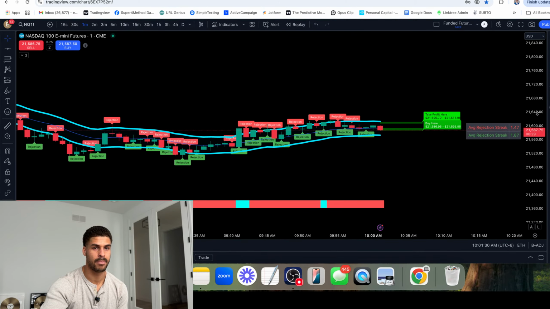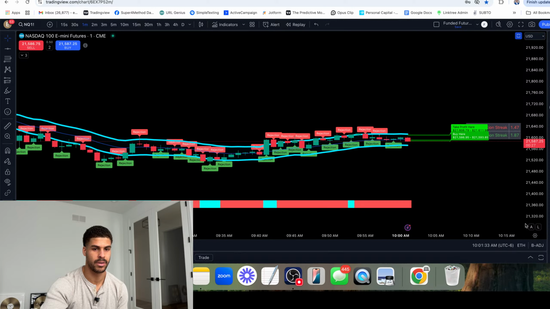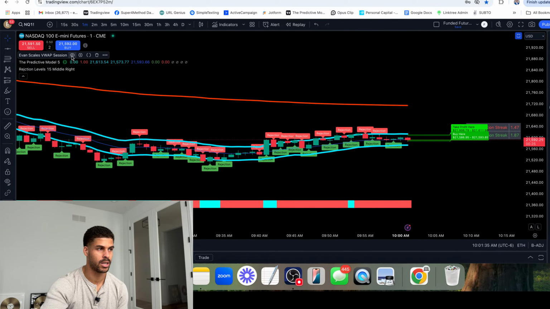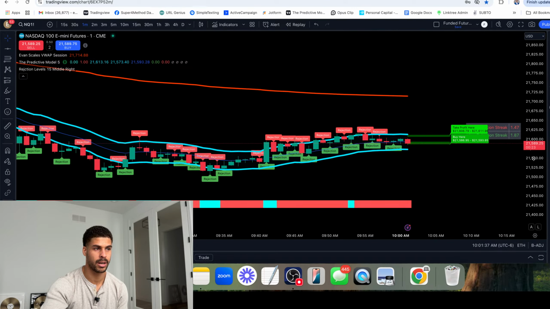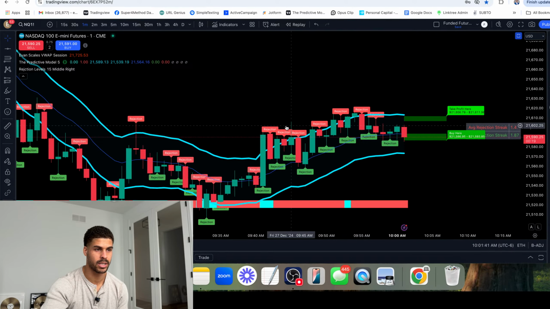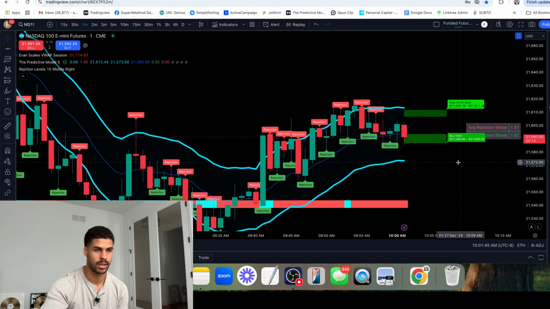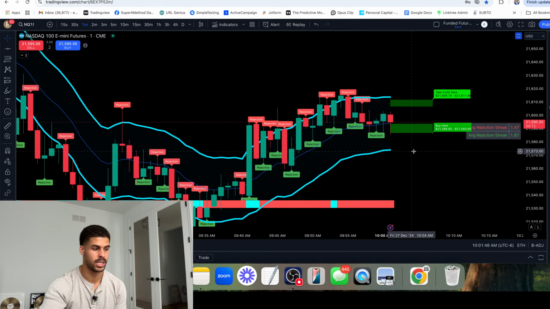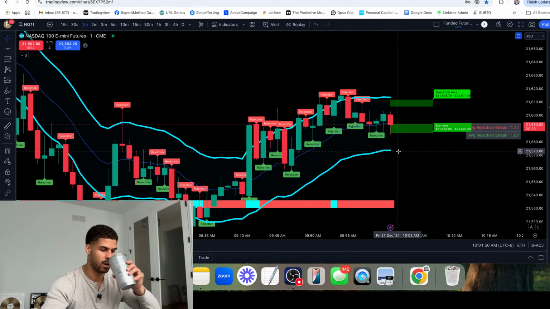You can see the VWAP is all the way up here. Where is VWAP? I took off my chart zone. VWAP's up there, sloping down nicely. The price is just really flattening out. So we're going to figure out where price wants to be here, and then we can take another trade and see what we got.